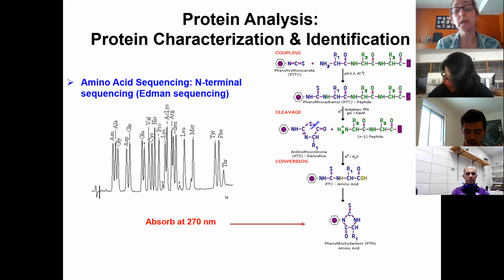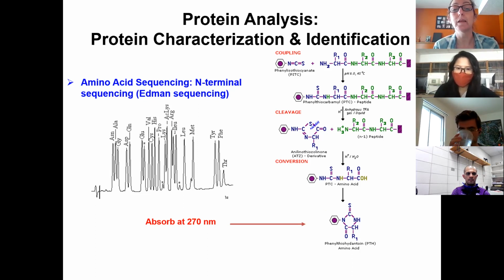The sequence we can do, like we said earlier, by MALDI, ladder sequencing by MALDI, but also there is a common technique called Edman sequencing, also commonly known as N-terminal sequencing. It's called Edman after the person who developed this method.